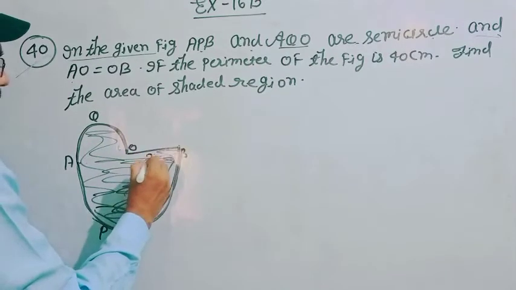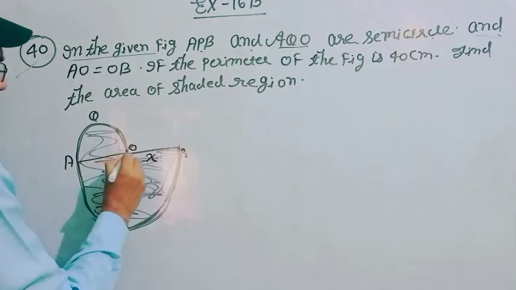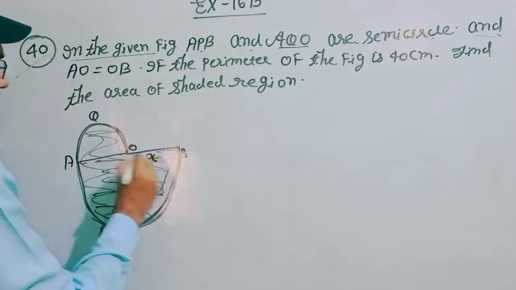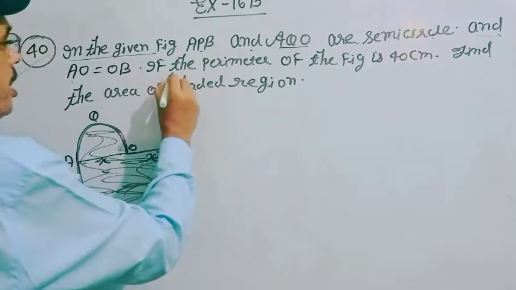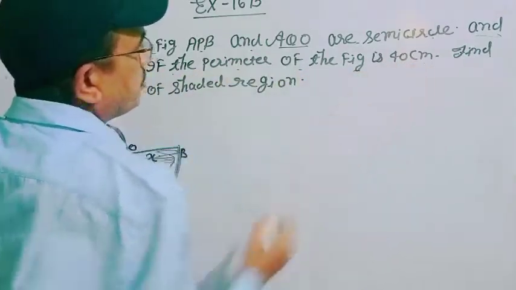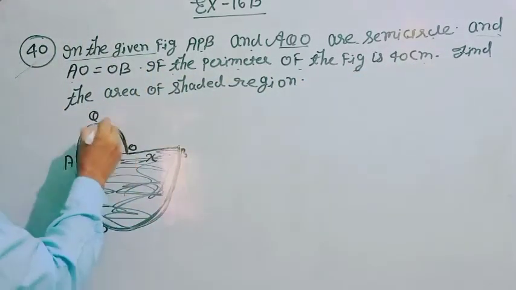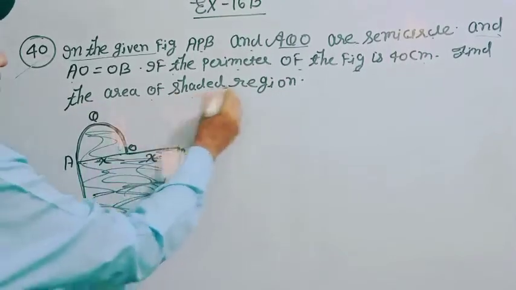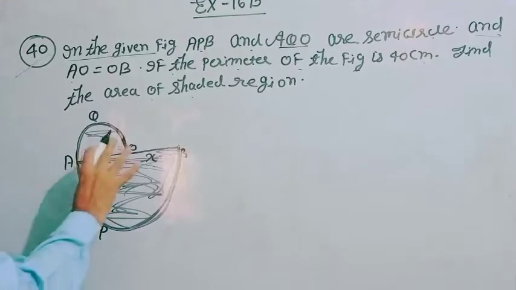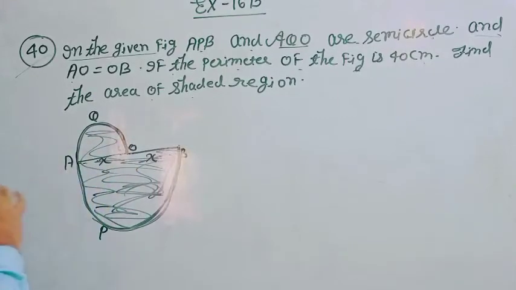Suppose AO is x, then OB is also x. If the perimeter of this figure is 40 cm, then find the area of the shaded region.